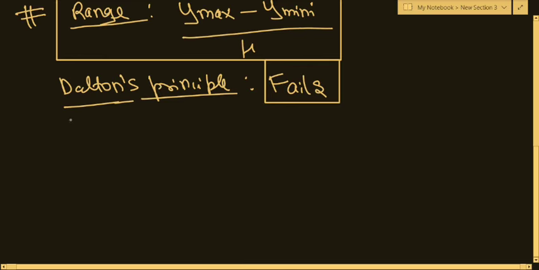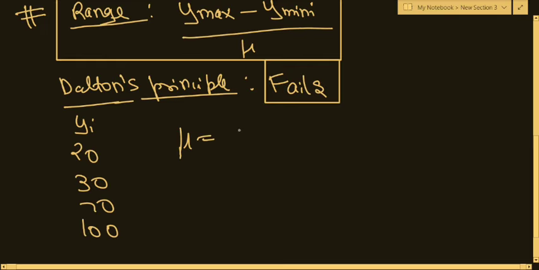Let us suppose we have an income distribution yi of 20, 30, 70, 100, which is four observations. So let us first calculate the average income.